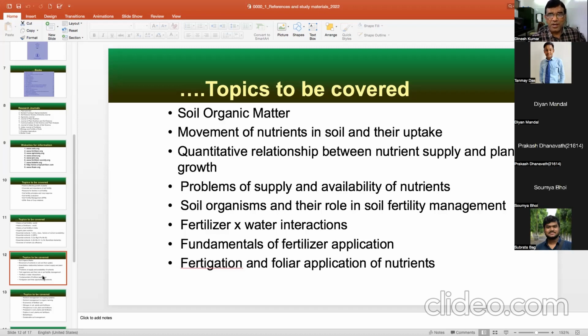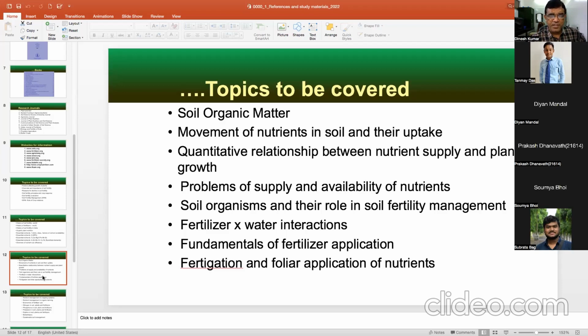If you want to learn whatever we are capable of, these are some extra topics like the movement of nutrients in soil and their uptake, quantitative relationship between nutrient supply and plant growth, problems of supply and availability of nutrients, soil organisms and their role in soil fertility, fertilizer water interaction. This is a very important topic.